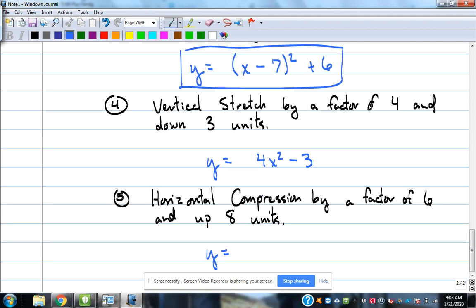So we know that's going to happen where? Inside. So we got to have parentheses by a factor of 6. And then plus 8 on the outside there. It's up 8 units. If it said horizontal stretch, what kind of factor does it have to be by? Yeah, small fraction or small decimal between 0 and 1. So be careful of that.